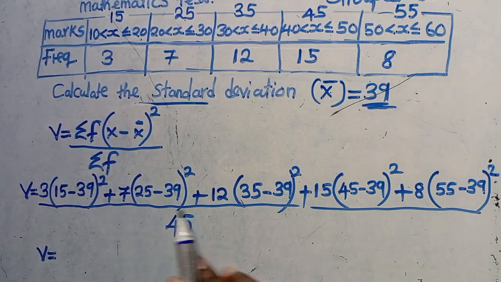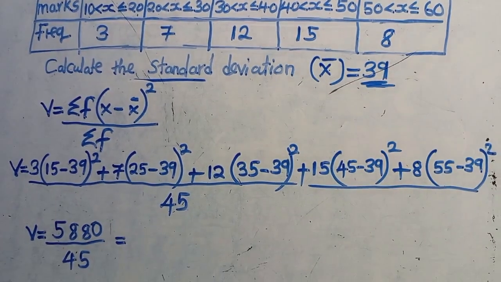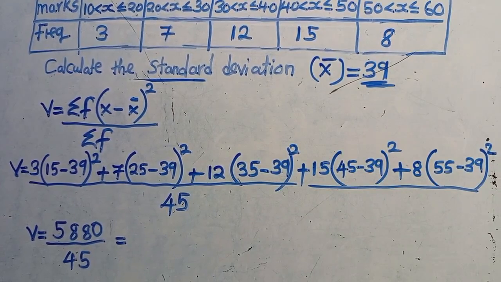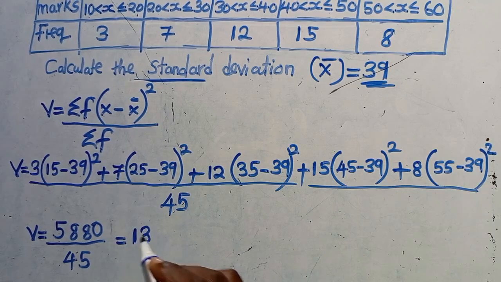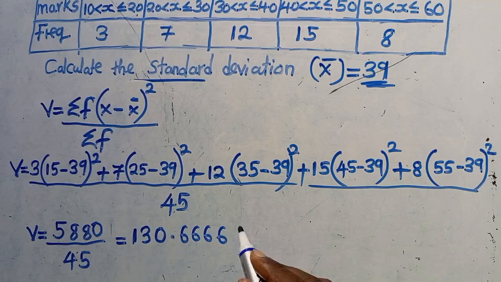When you punch everything, the answer that I'm getting, kindly confirm with me, is 5880. Then I divide by 45. I'm getting 130.66667.